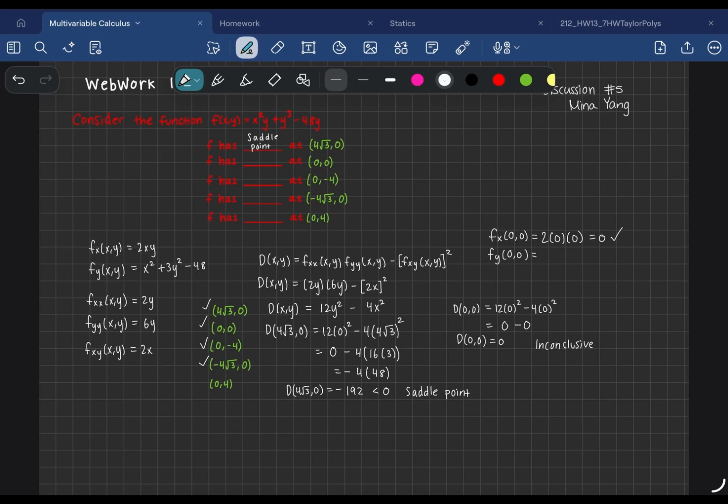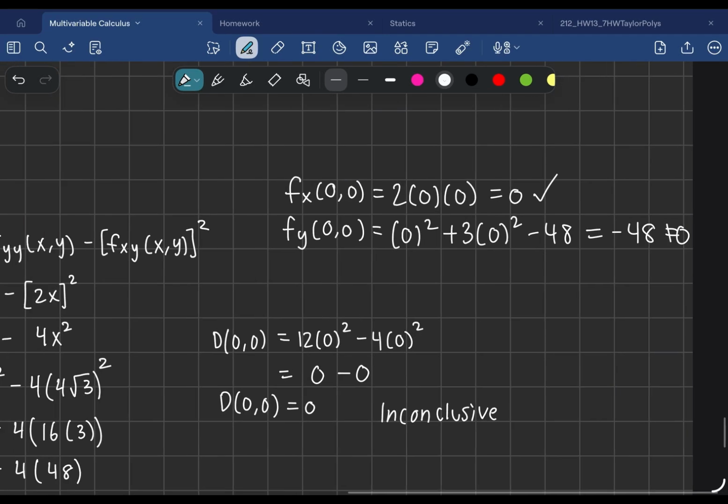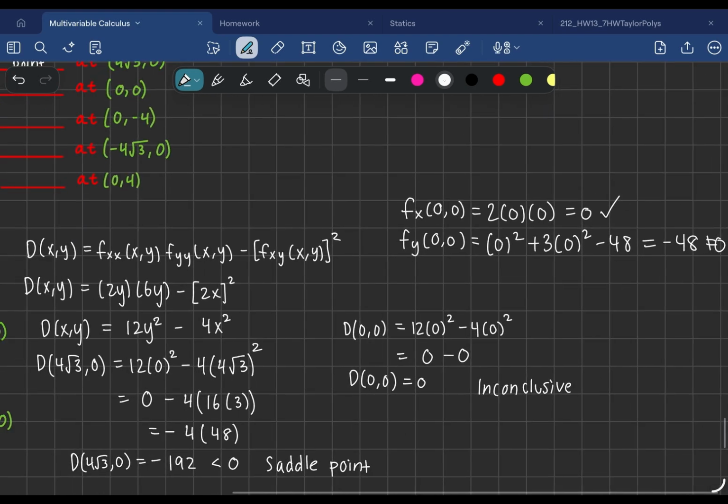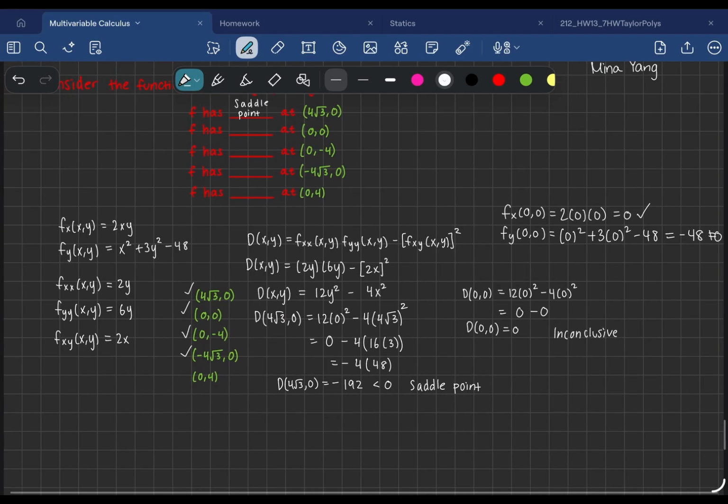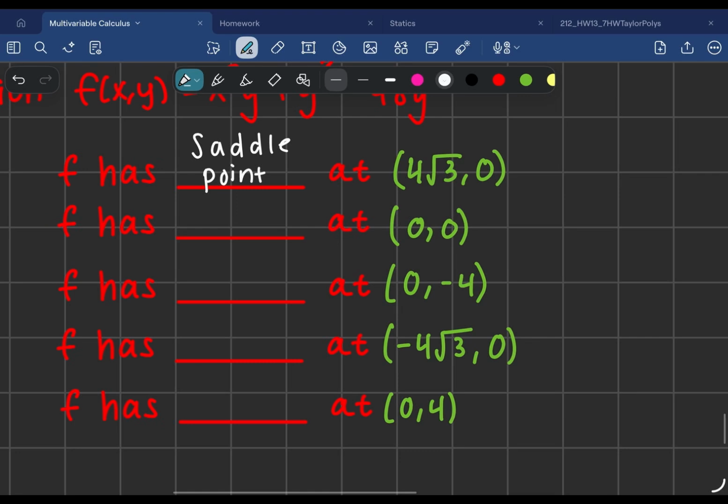Now f sub y is going to be 0 squared plus 3 times 0 squared minus 48. You'll get negative 48, which is not equal to 0. That means you can't even use the second partials test, because 0, 0 is not a critical point. So you just put not a critical point, which they have just like that in the WebWork as well.